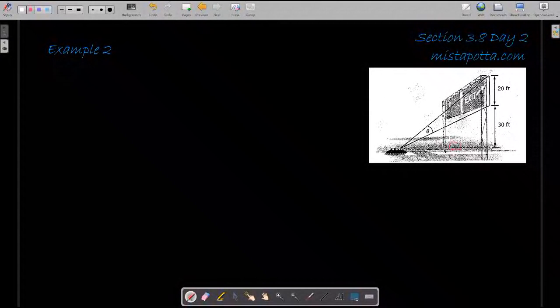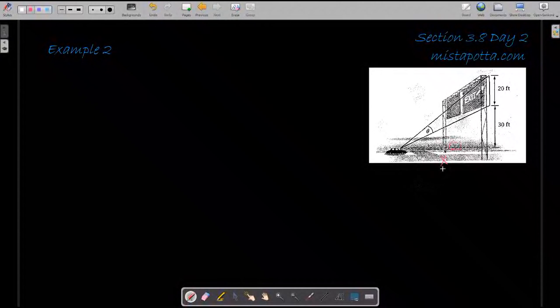So of course, I'm really going to be interested in how this theta changes based on x, my position on the road.